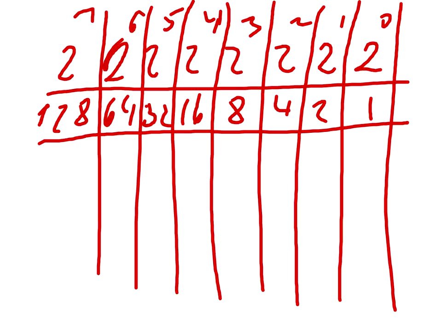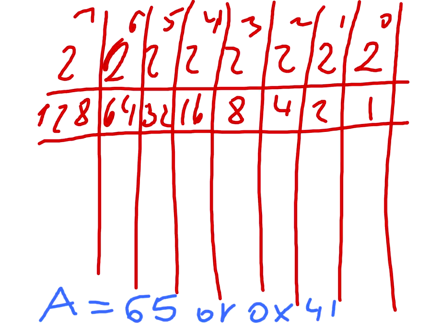let's see if we can convert a number. What did we say capital A was? It is 65, or 0x41.